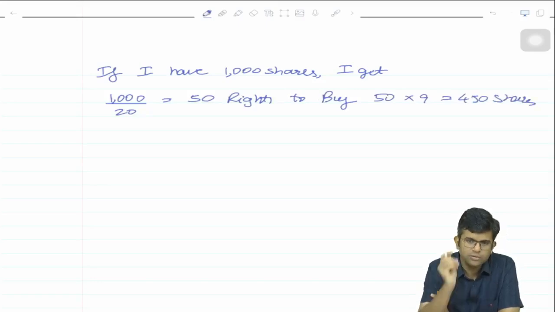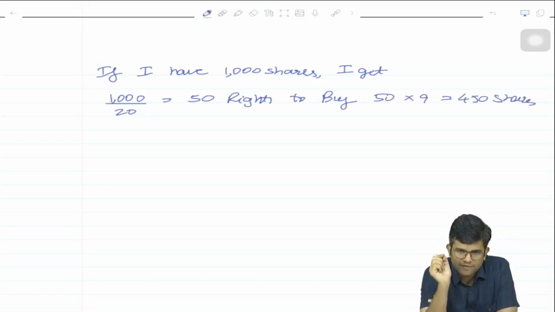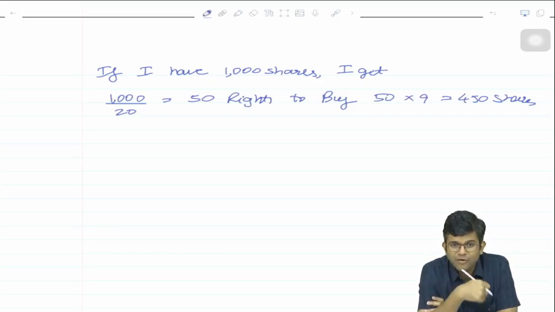This language you understood? I get 50 rights. Every right has 9 shares, no? So I get 50 rights to buy 450 shares, which means for me there are no 450 rights.